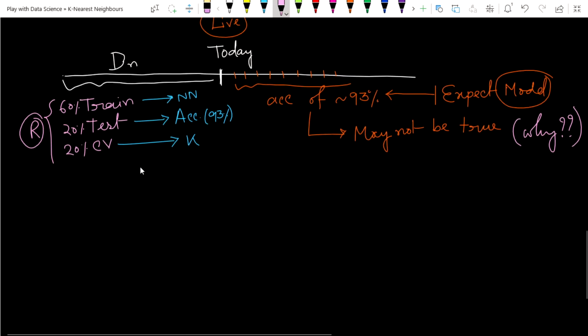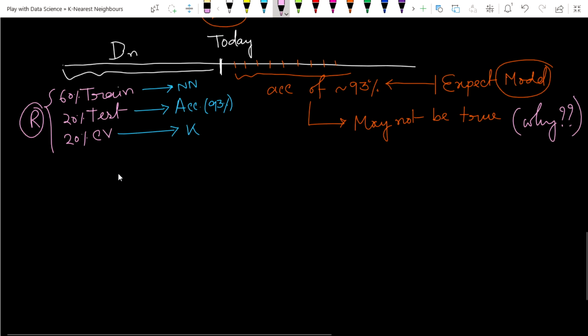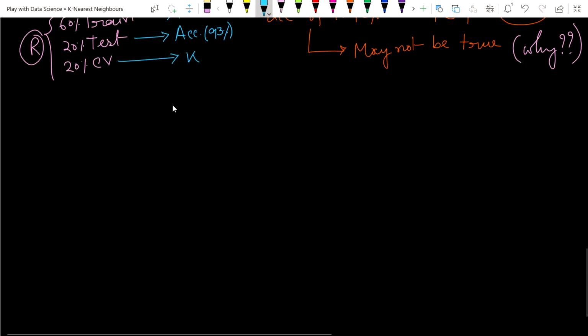With time, things change: our patience, our environment, our choice, our culture.